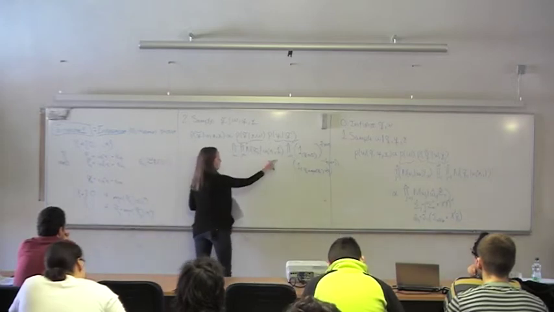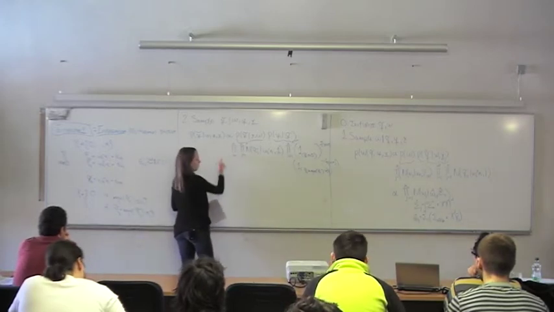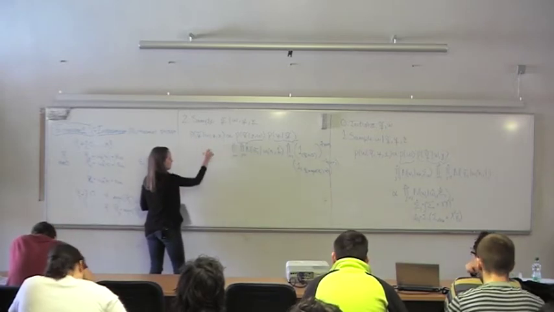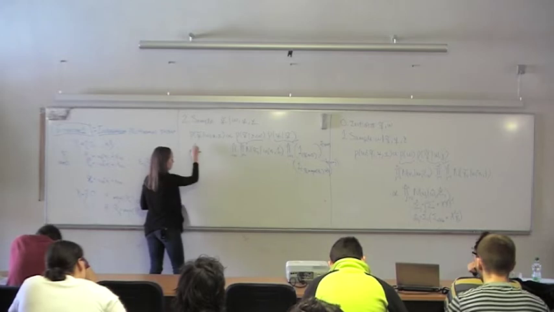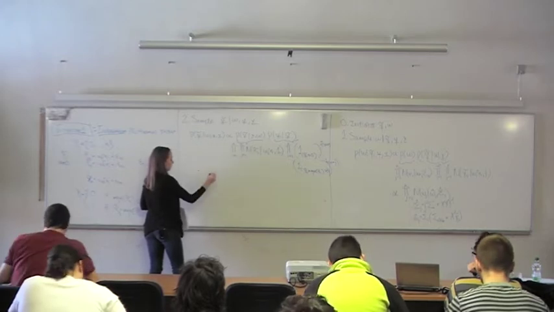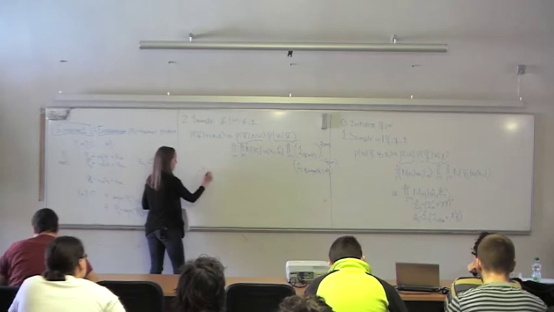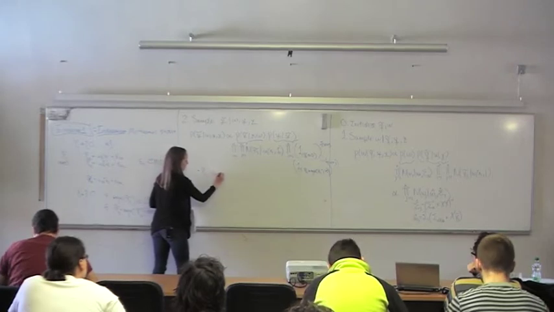So you can see we still have this product from i equal 1 to n. So this means that conditioned on everything else, these y_i tildes are independent across i. So we can sample y_i tilde independently.